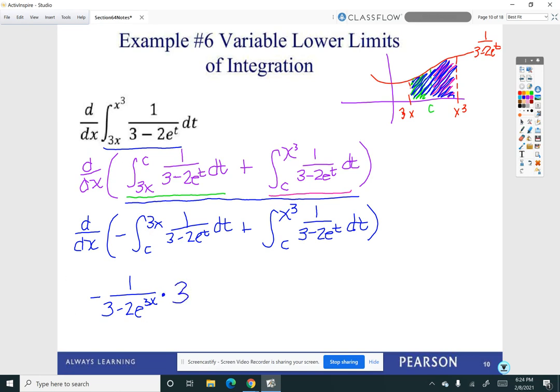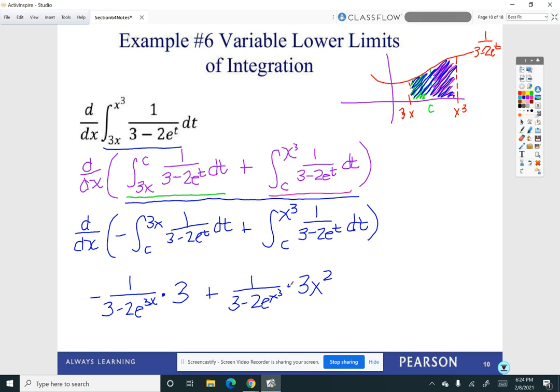So that's the chain rule. Plus, for the second integral, I substitute the x cubed in for the t, and then I multiply that by 3x squared because that's the derivative of x cubed.